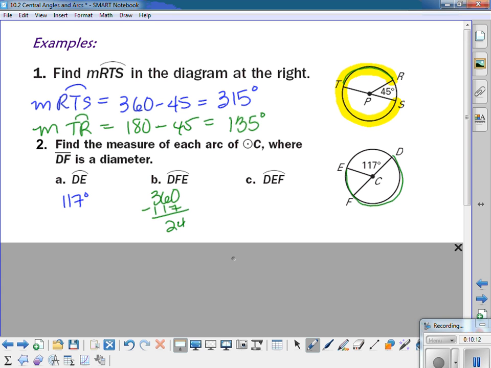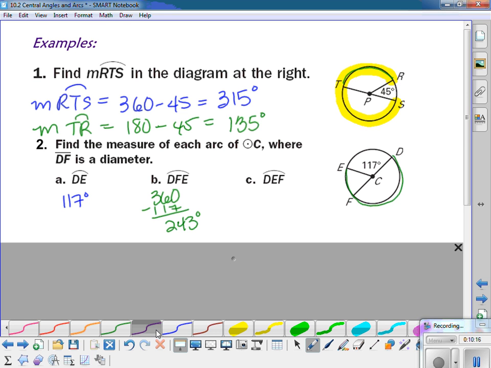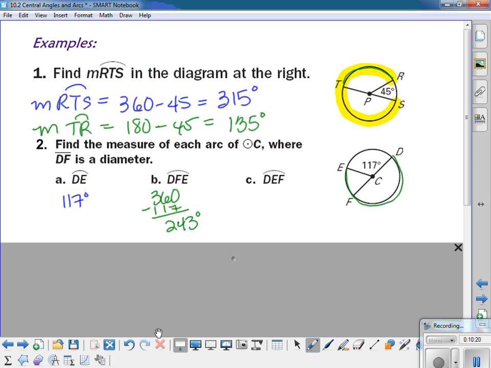We got 243. Okay, and then the last one was DEF. So now I'm going from D to E to F. It's a semicircle, yeah, so it's 180. Okay? Not too rough, right?